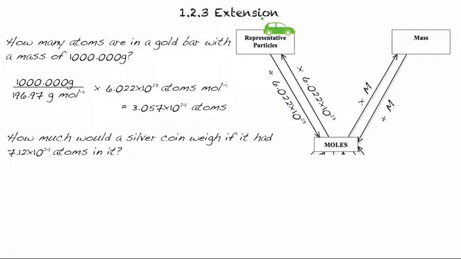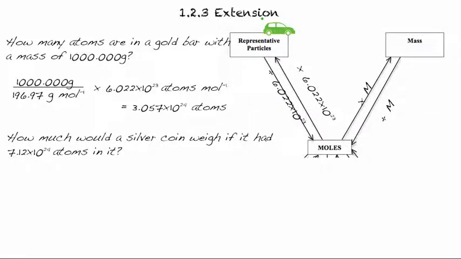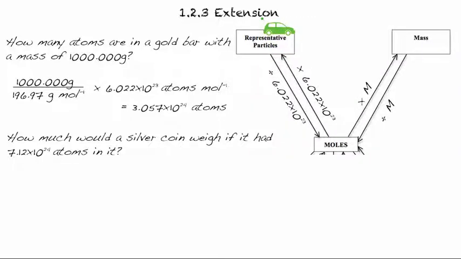This time, if we think about our map, we're starting with the number of atoms. So our map is starting here. If we want to find the mass, we're going to have to divide by Avogadro's number, and then multiply by the molar mass to get the mass. So let's type that out.